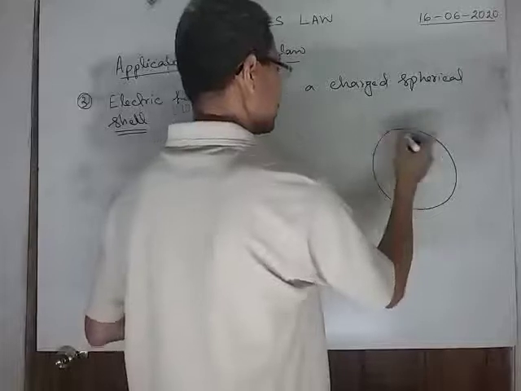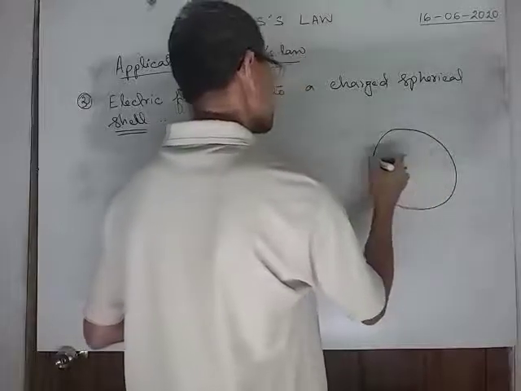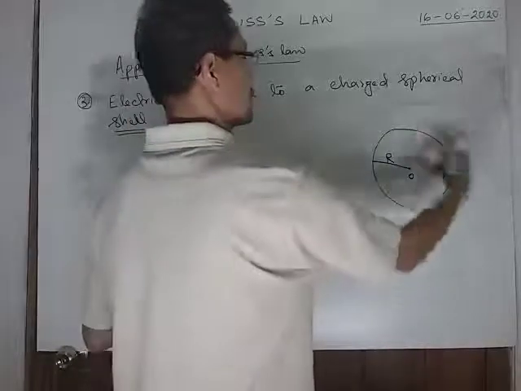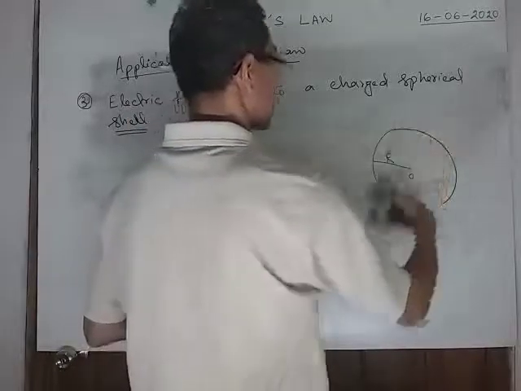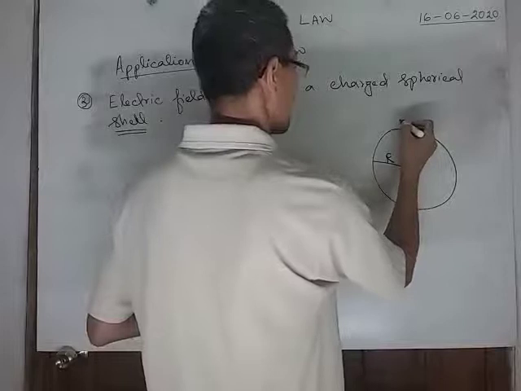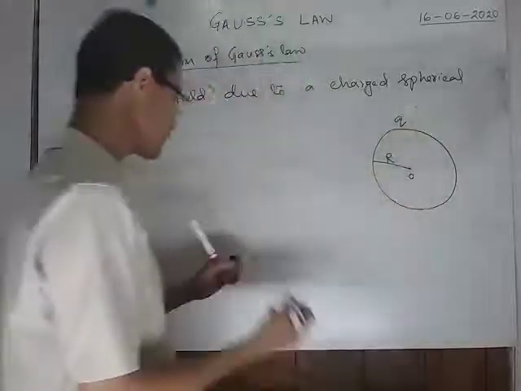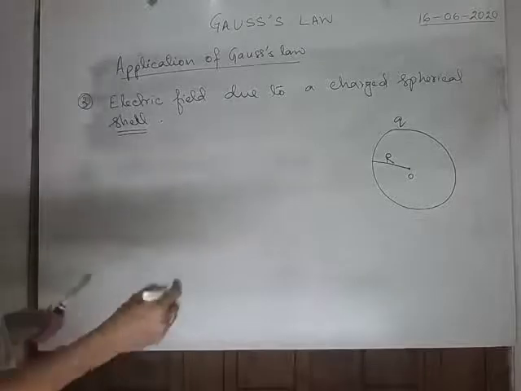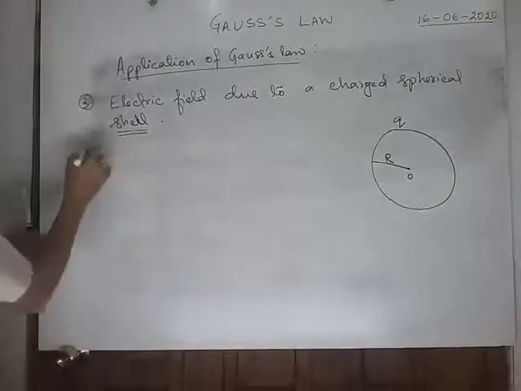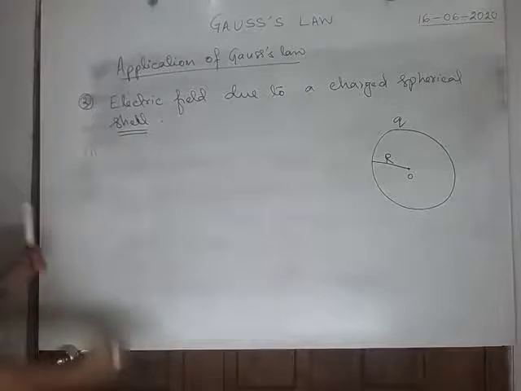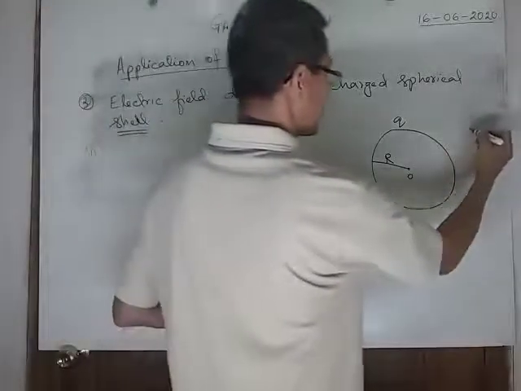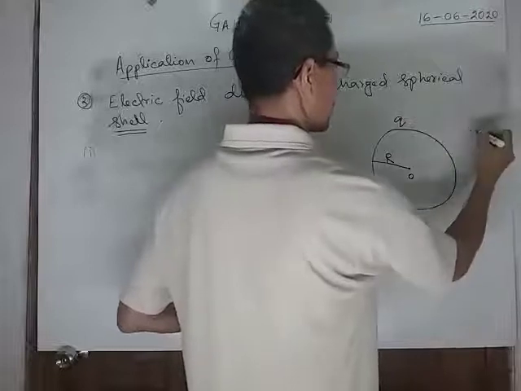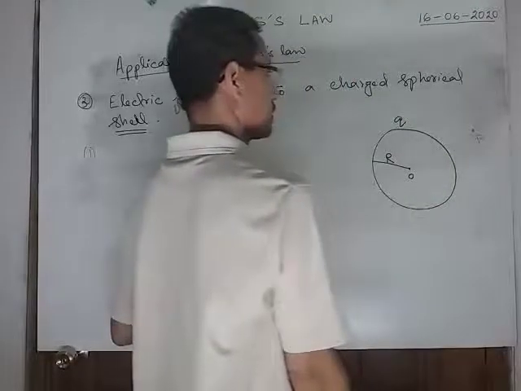Let's take the radius of this charged spherical shell as capital R, and the charge residing on this spherical shell as Q. Now there will be 3 conditions for finding electric field E. So let's find out separately. One, what happens well outside the spherical charged shell. Let's take this as P for the first one.